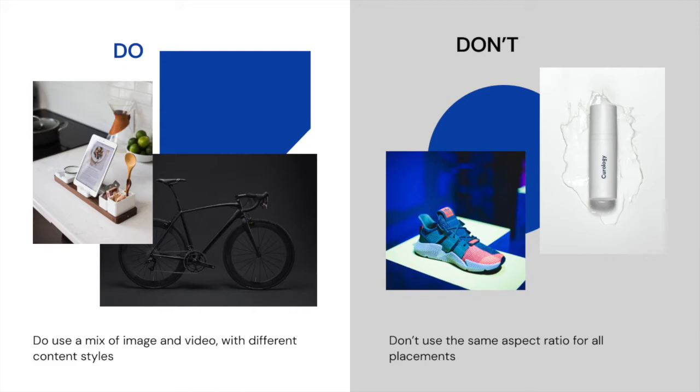You likely have seen ads on Instagram stories that were not clearly built for that placement, where it was a square image that really should have been built to take up the whole screen.